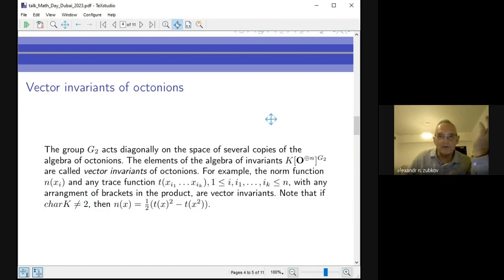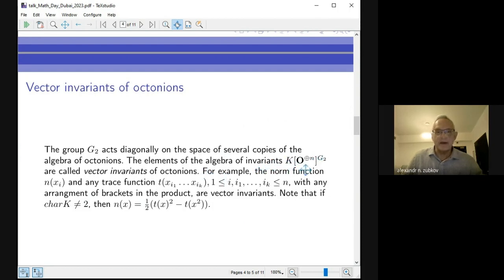This is why I'm going to call these vector invariants. So, as in many previous examples given in the previous talks, I'm going to define the algebra of invariants.